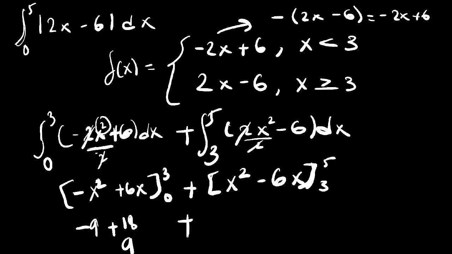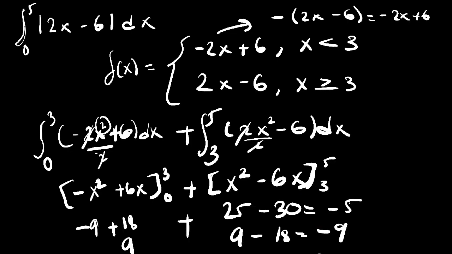We'll keep that intact and add the plus sign here. 25 minus 30 is negative 5, and 9 minus 18 is negative 9.